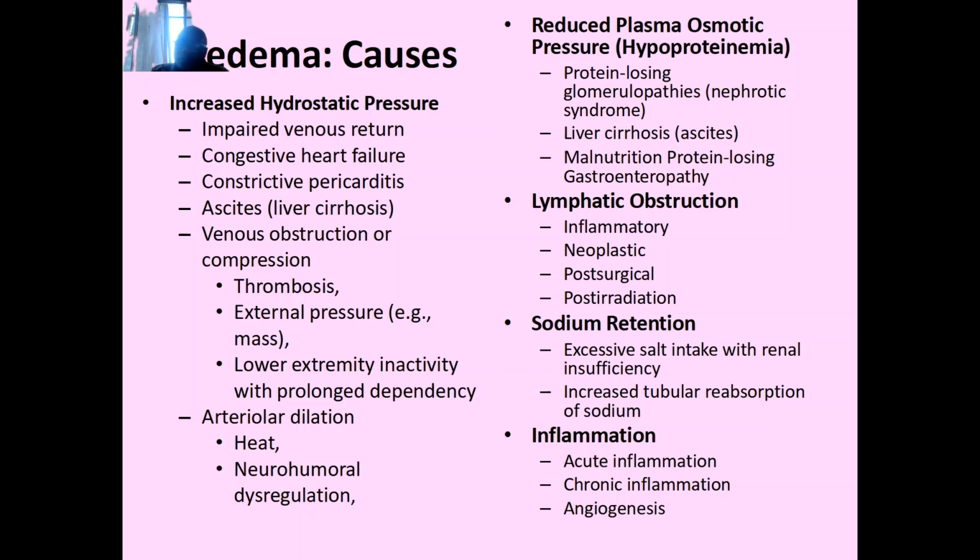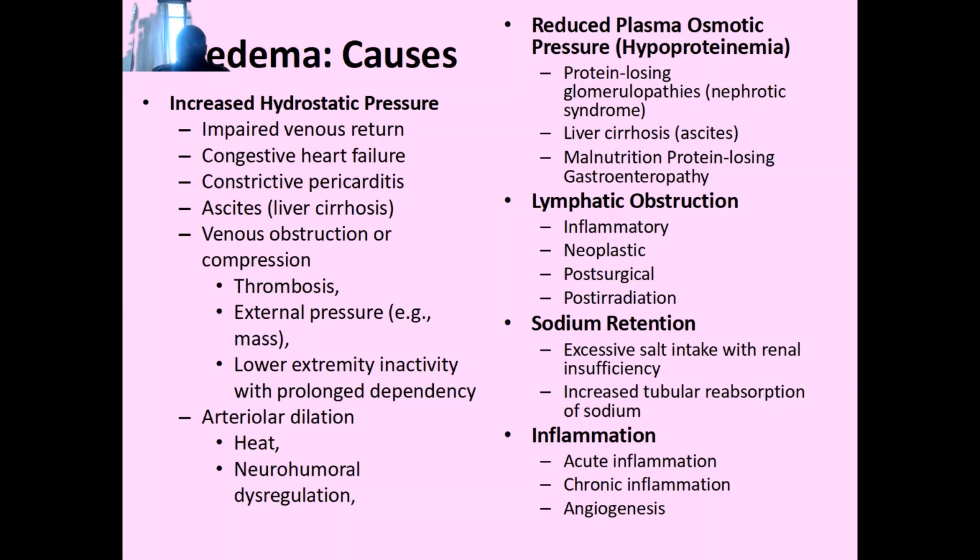Another one is lymphatic obstruction, for example in cases of inflammation, neoplasm, post-surgical or post-irradiation. Another one is sodium retention, like excessive salt intake with renal insufficiency or increased tubular reabsorption, or sometimes drugs can cause this.